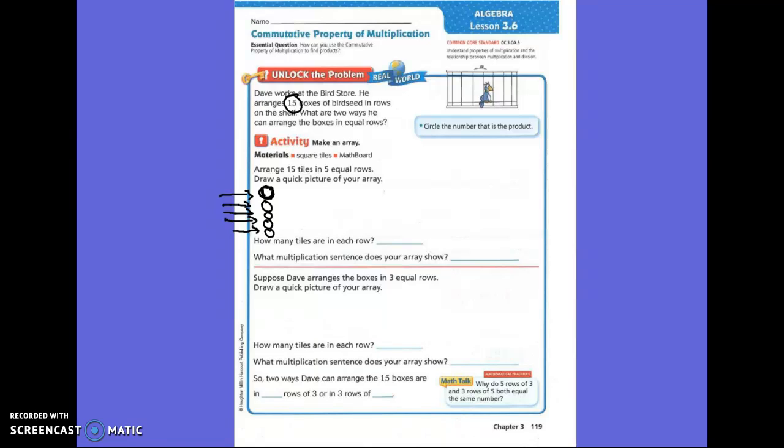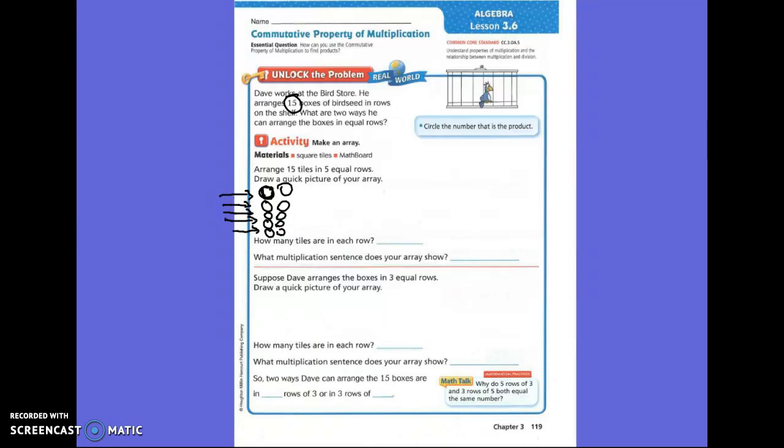Okay, we know 15 is our answer, right? So we're going to have 15 circles, aren't we? So what we're going to do is we're just going to keep drawing circles going down until we have 15 circles. So in this one, we're going to draw another circle. So that would be 6, 7, 8, 9, 10.